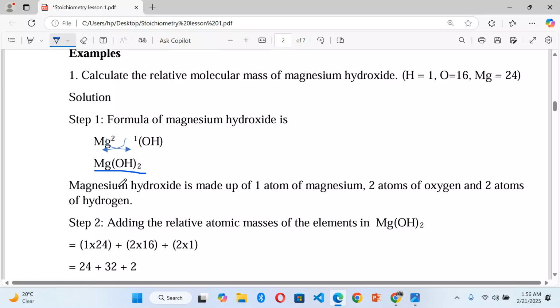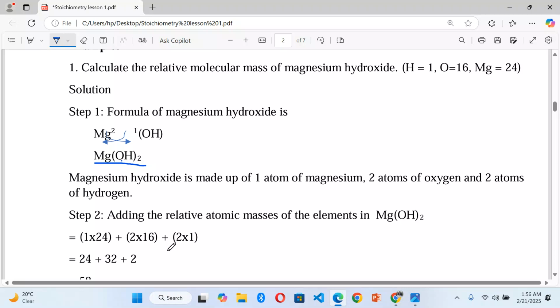So after writing the correct chemical symbol of the compound, we can interpret this by saying that magnesium hydroxide is made up of 1 atom of magnesium, 2 atoms of oxygen, and 2 atoms of hydrogen. This 2 affects everything inside the bracket, which means that there are 2 atoms of hydrogen, 2 atoms of oxygen, and 1 atom of magnesium.